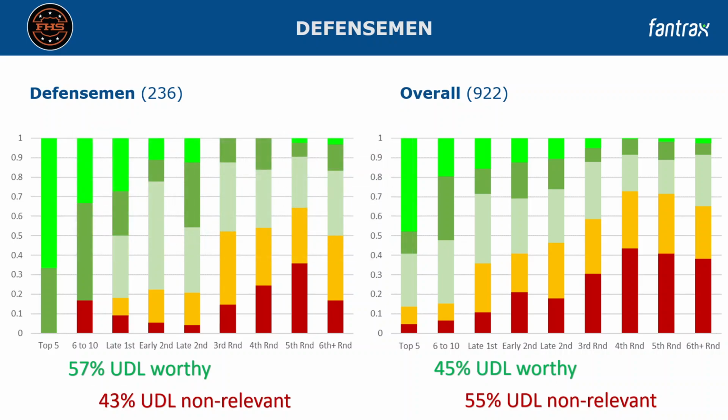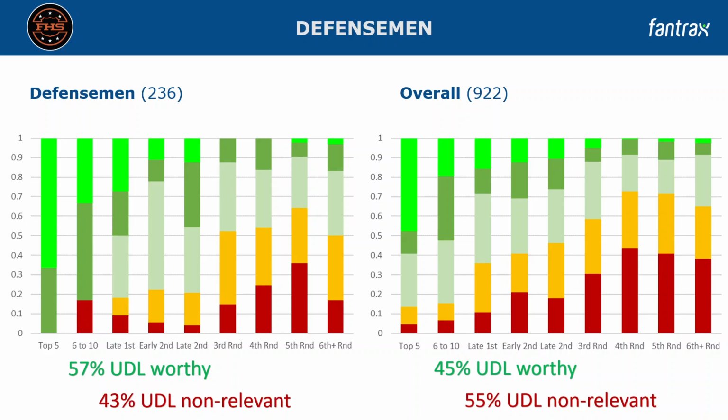The sample sizes, of course, are small, especially for the first group, because the top five selections are the least, and also the 6 to 10 are quite small, and it will get even smaller with the goalies in a minute.